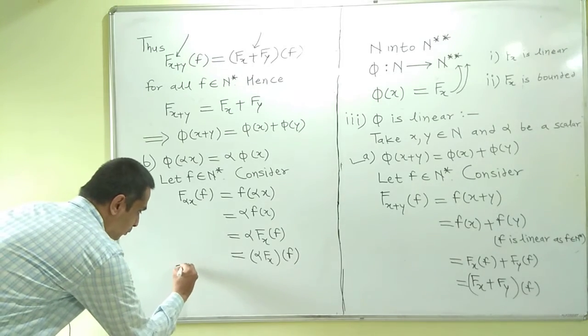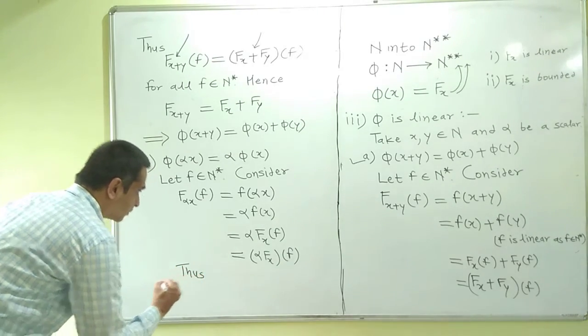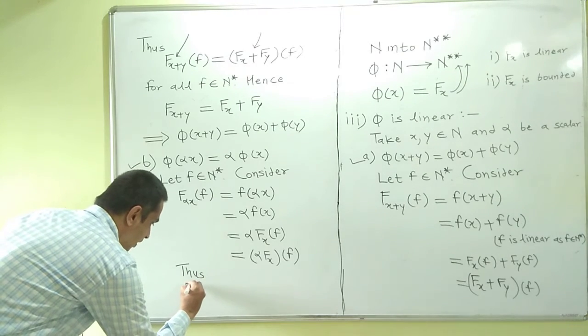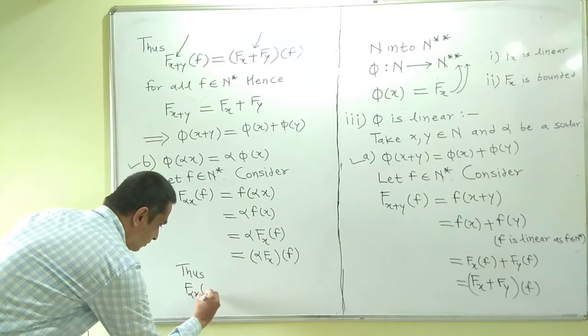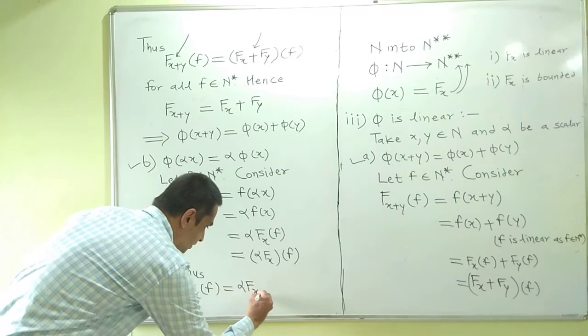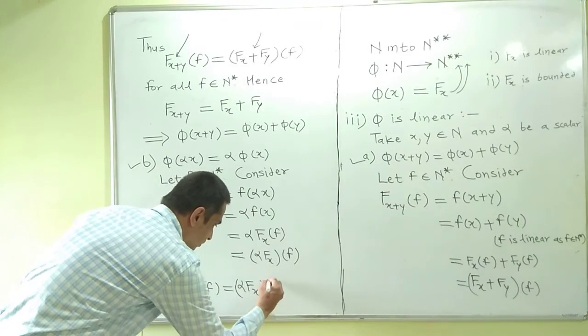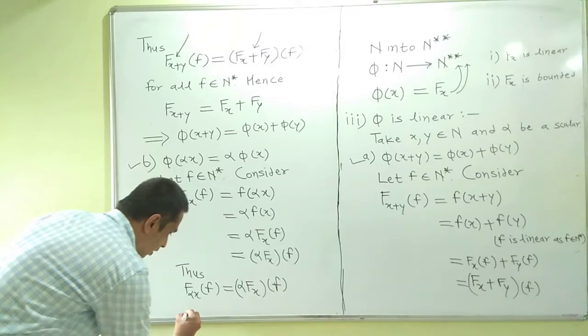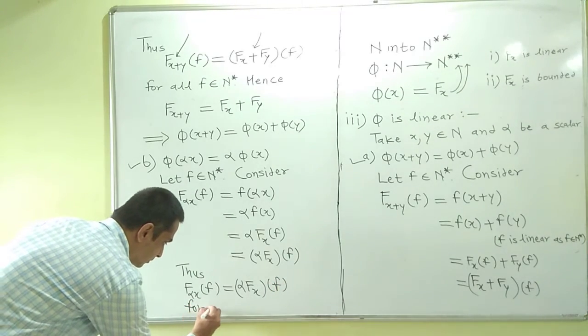Thus, what we proved, f of alpha x f equals alpha fx f for all f in n star.